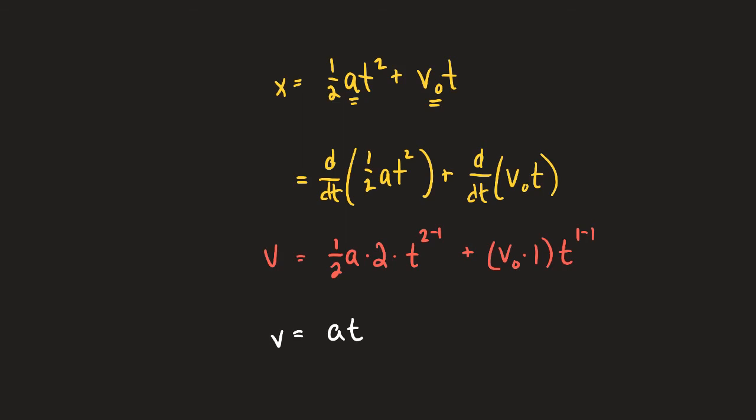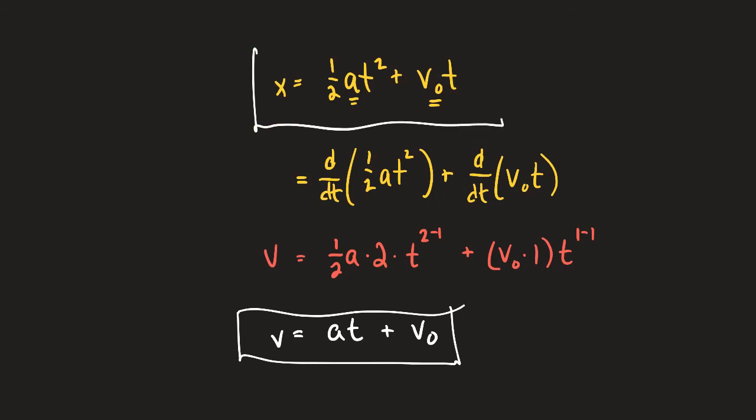T to the 2 minus 1 is just t, plus v naught. You do see what this is, right? Where it comes from? You do recognize those as our Galilean motion equations? This is a natural consequence of having an expression for x, which is why we can take the derivative of one and find the other.